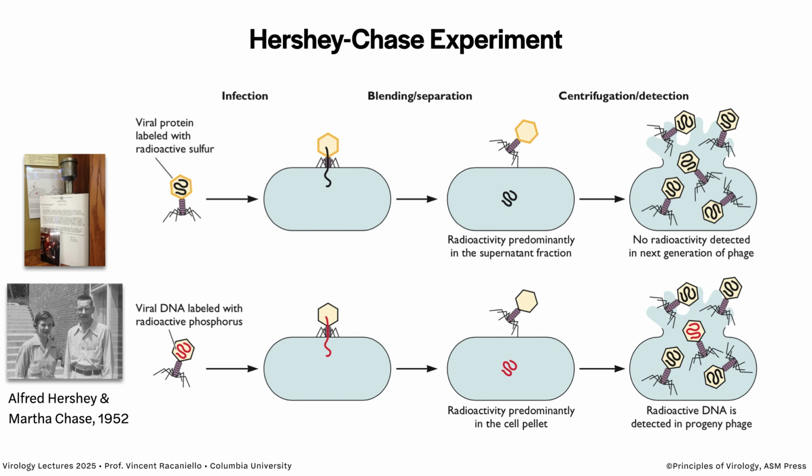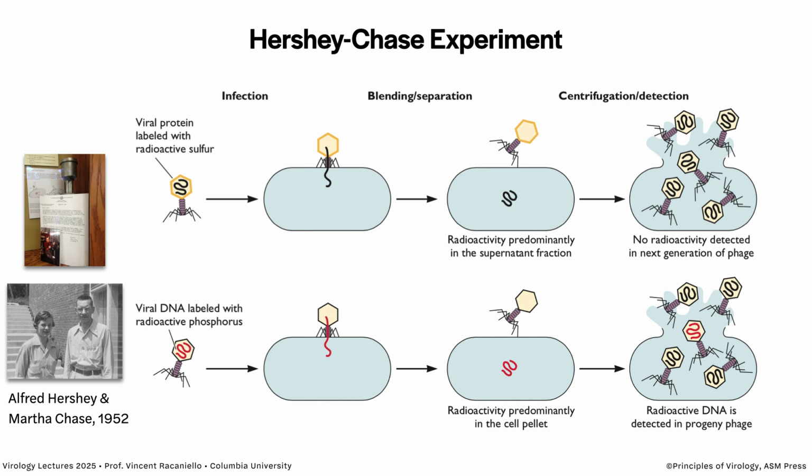After they shear off the phage, either the protein or the nucleic acid is in the cell. They let the new phages develop and they measure where the radioactivity is. There's no radioactivity in the protein of the next generation of phages, but there is radioactivity in the DNA, showing that the DNA is the genetic material.